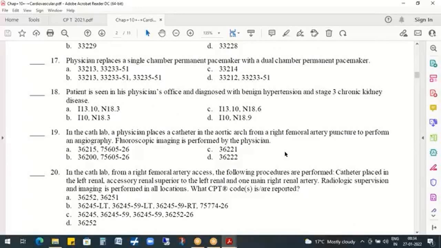See question number 17. Try to see in the table where that point is. You can code it. Follow the table. What does question number 17 say? Replace a single chamber permanent pacemaker with a dual chamber permanent pacemaker.